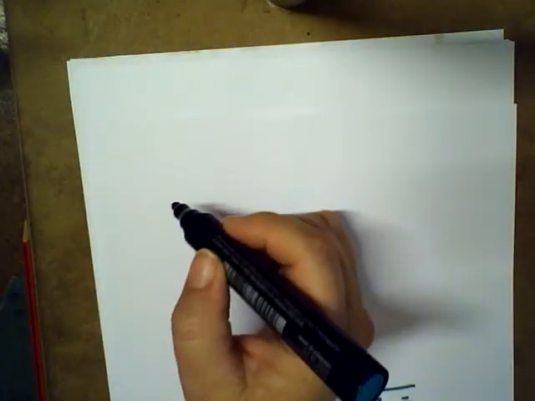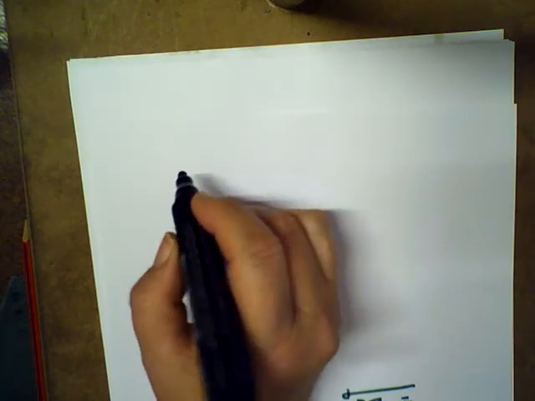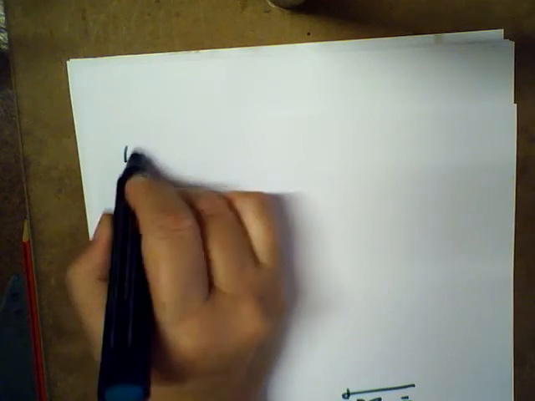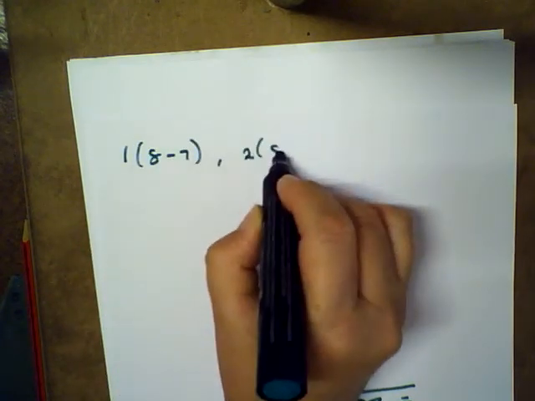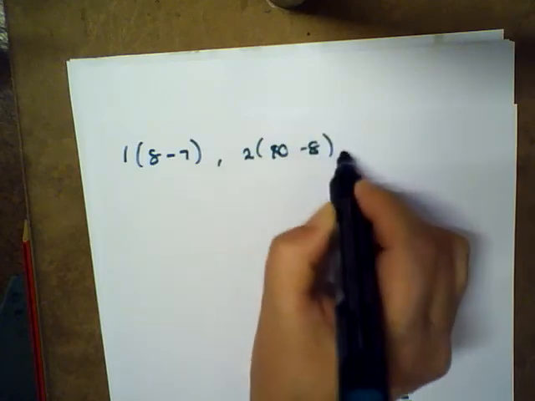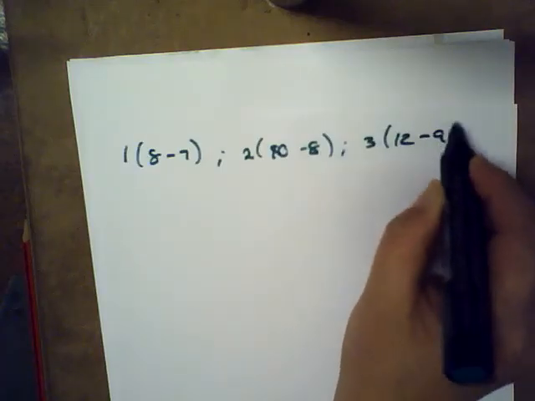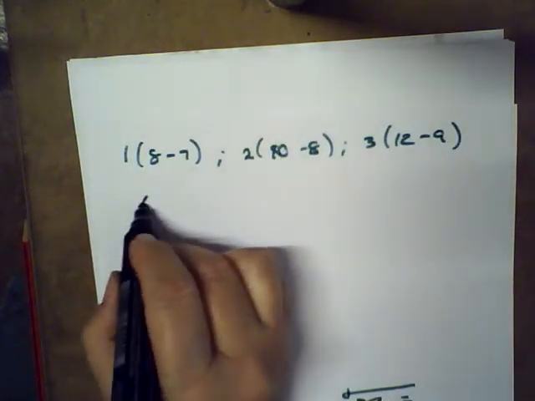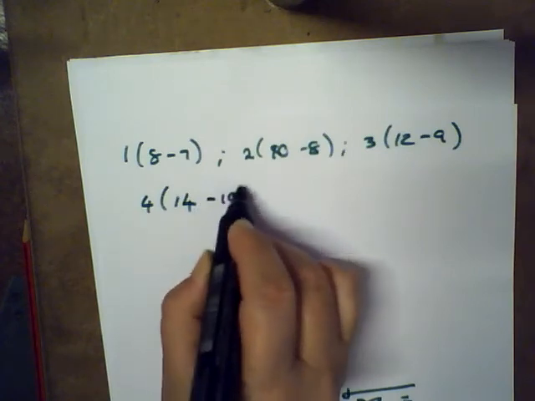Good, and then the following one is a little harder. Those first couple were just plain straightforward arithmetic sequences. Let's look at the next question. Consider the sequence 1, 8 minus 7, 2, 10 minus 8, 3, 12 minus 9, 4, 14 minus 10.